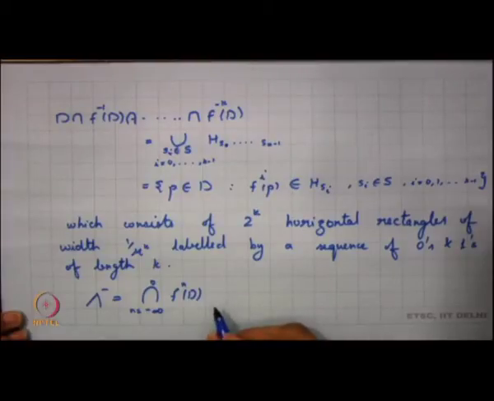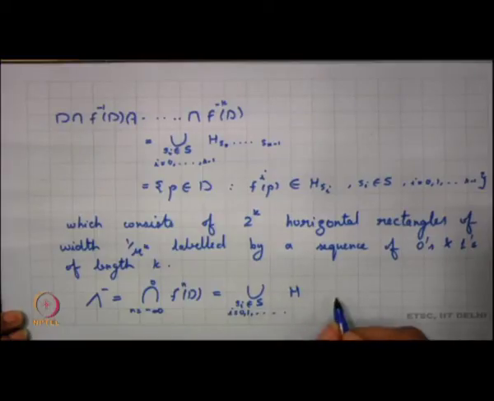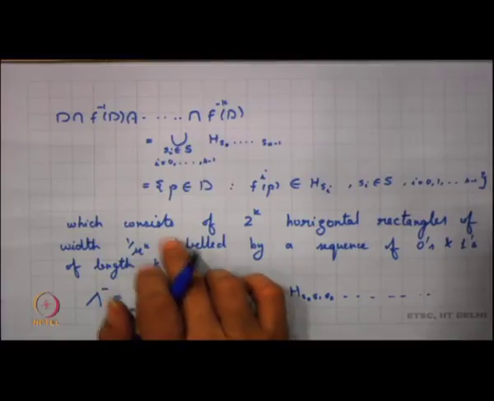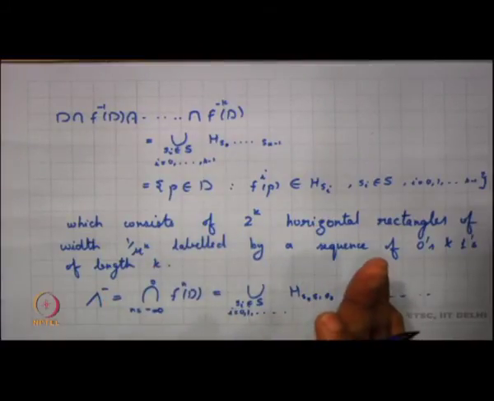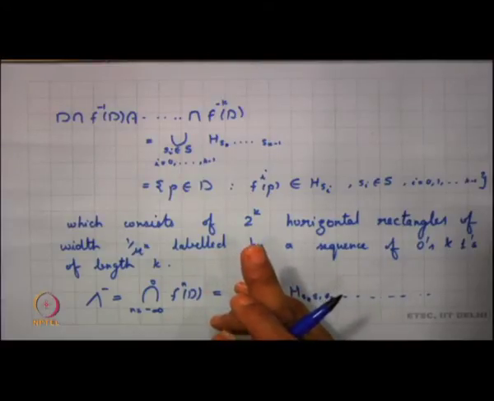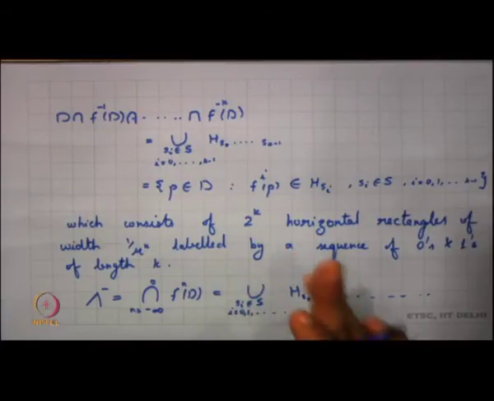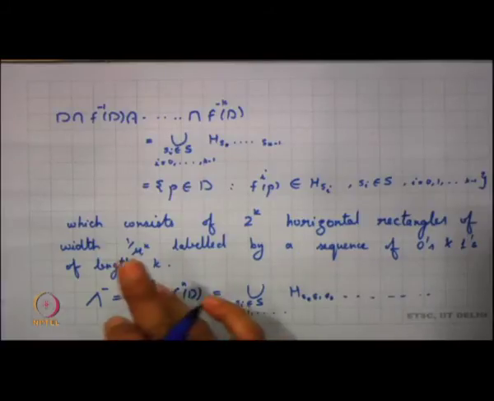So, what I get here is the union of all S_i belonging to S, where i varies from 0, 1 onwards, and I get sequences H of S_0, S_1, S_2 and so on. Now, at the kth stage when we are taking the limit, we know that mu is greater than 2, so 1 upon mu to the power k is going to tend to 0. So, at the infinite stage, what we get is infinite horizontal lines.